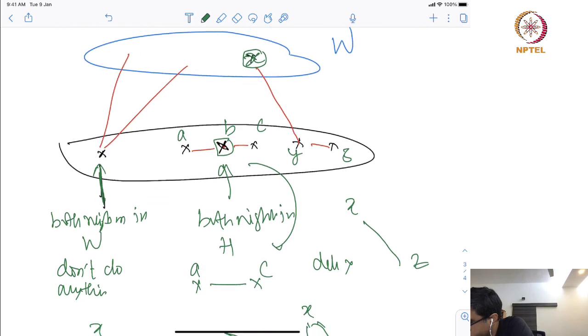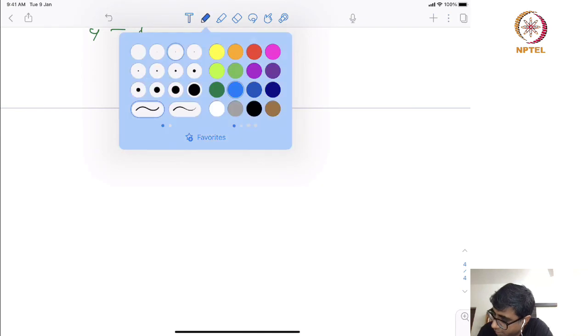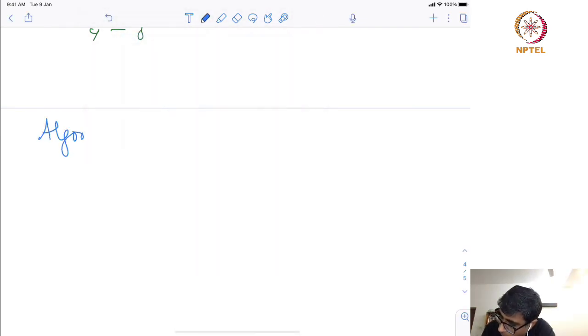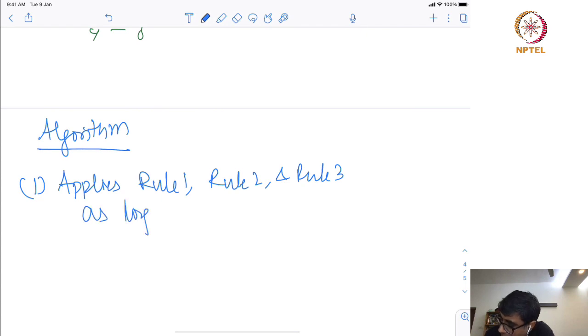Okay. So what does our algorithm do? Our algorithm is very simple: apply rule 1, rule 2 and rule 3 as long as applicable.